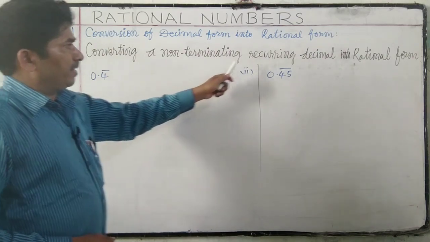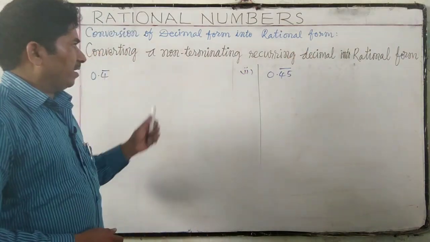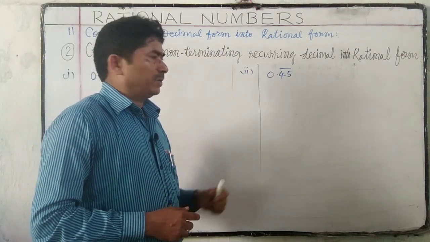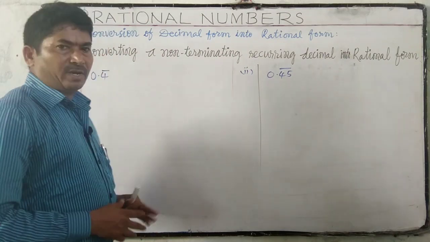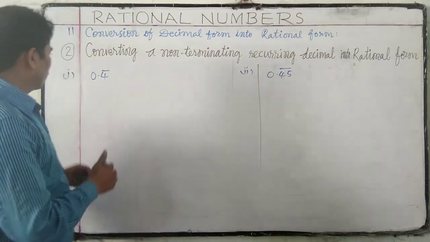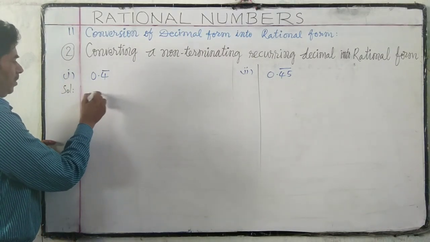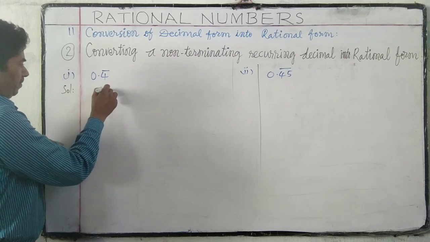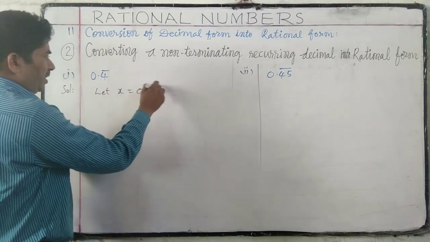Converting a non-terminating recurring decimal into rational form. To convert a non-terminating recurring decimal into rational form, we have to do some process. Let us observe these two examples. Let x is equal to 0.4 bar.